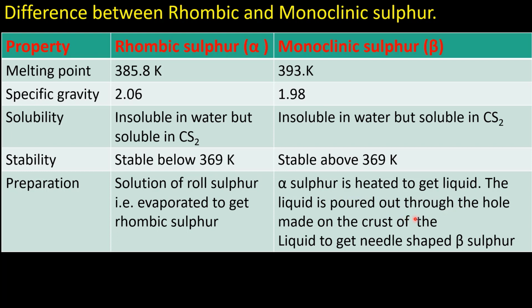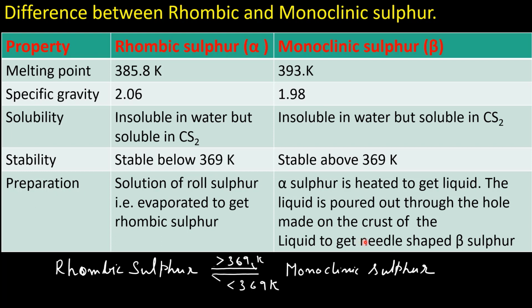The liquid is poured out through a hole made in the crust on the top of the liquid to get needle shaped beta sulfur or monoclinic sulfur. So, as we discussed, rhombic sulfur is stable below 369, whereas monoclinic sulfur is stable above 369.